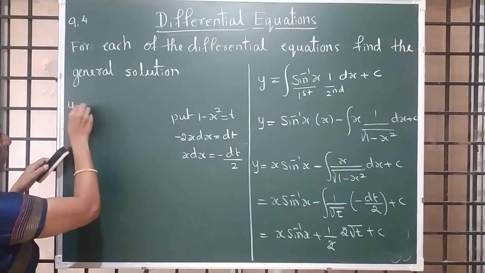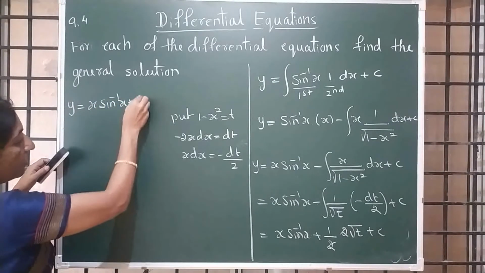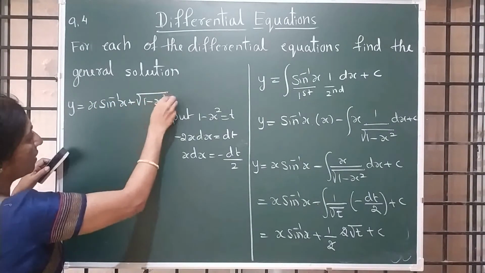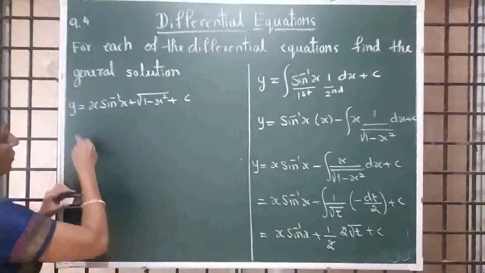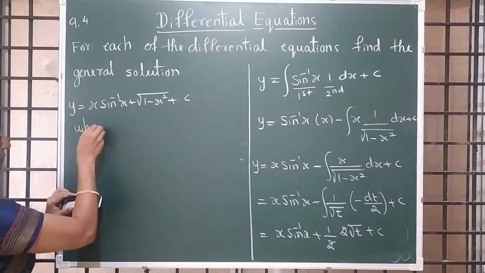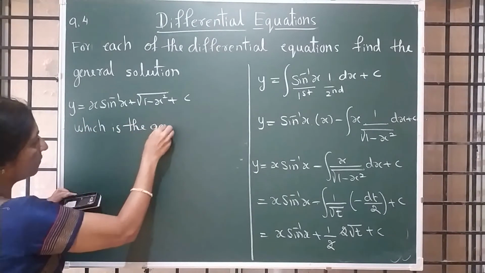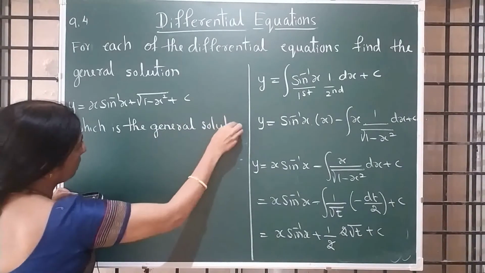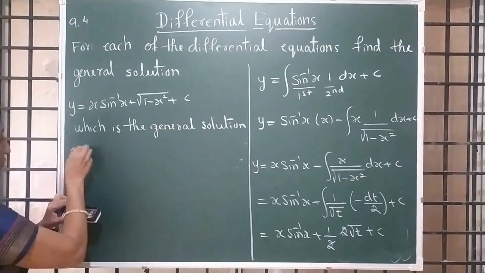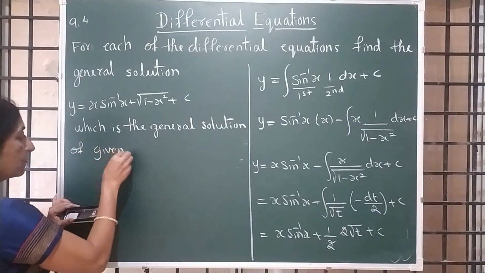So y is equal to x into sin inverse x plus root of 1 minus x square plus c, which is the general solution of the given differential equation.